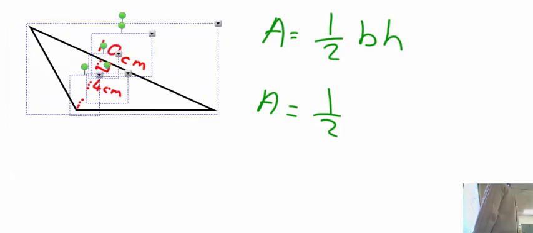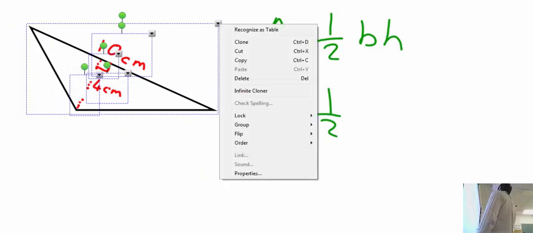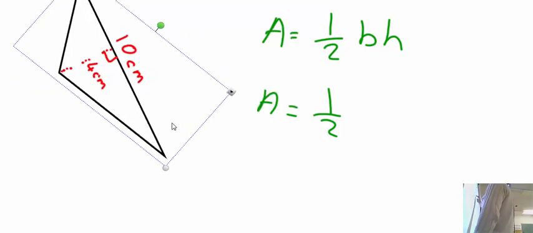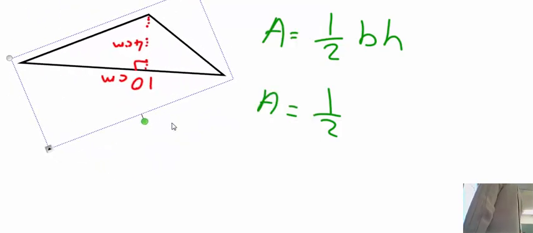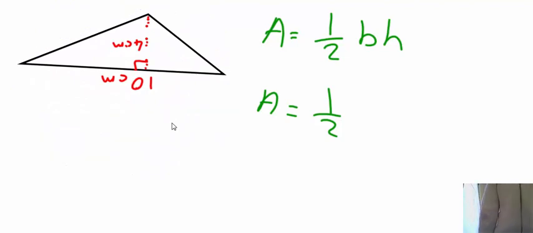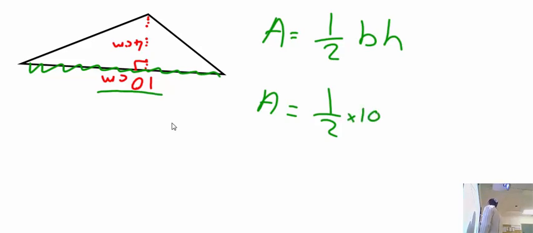I'm going to change this question. Let's make this group first. Like that. Now the bottom part, this is the base, which is 10 centimeters. So 1 divided by 2 times 10 times height.